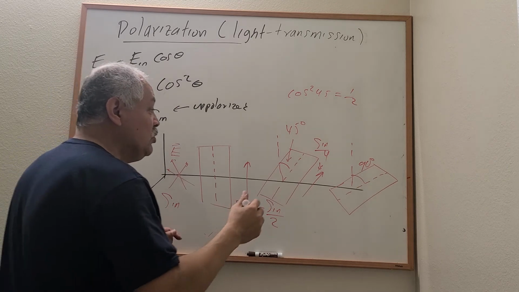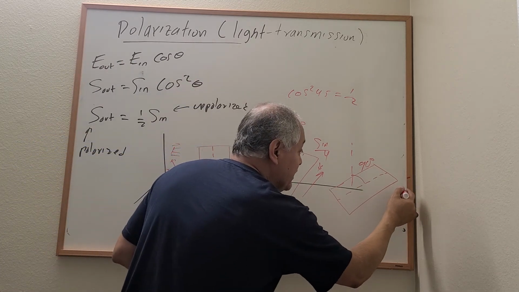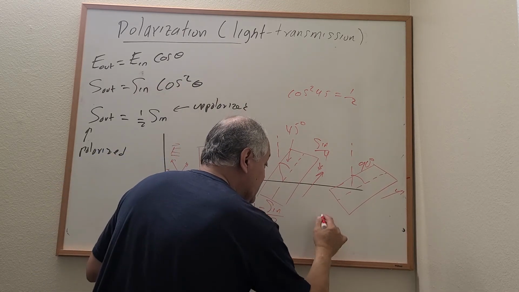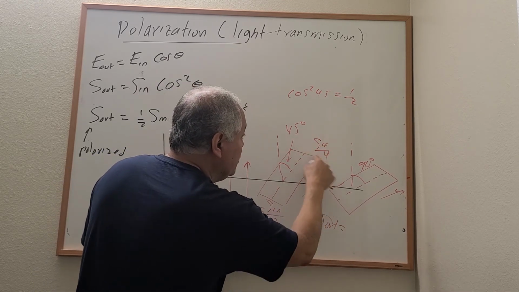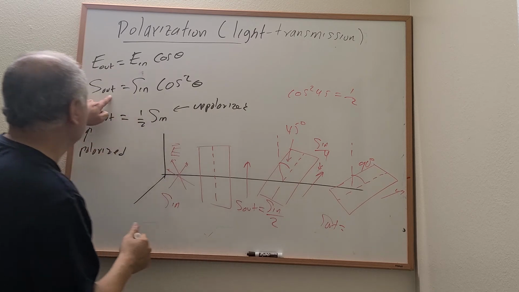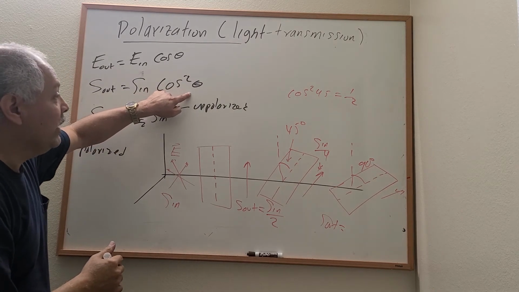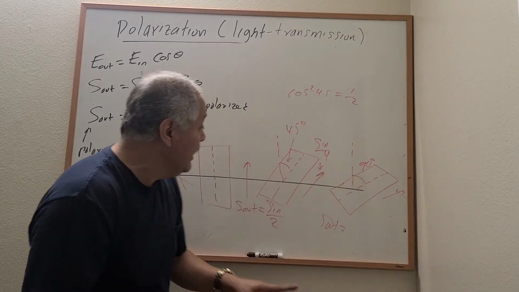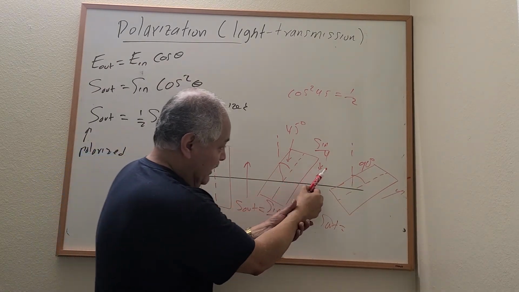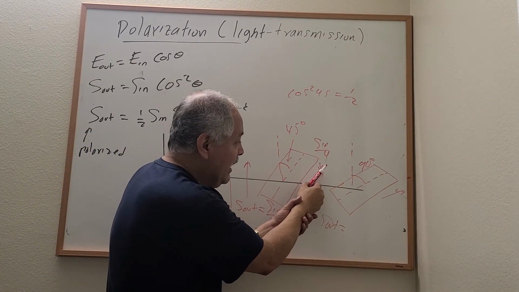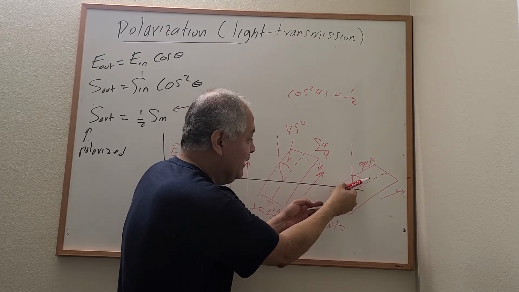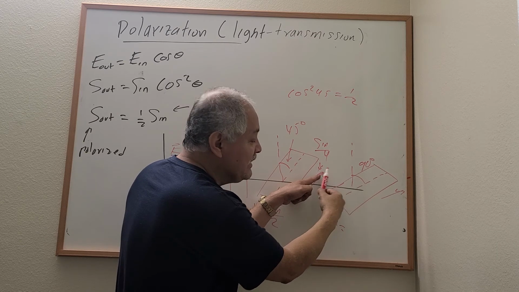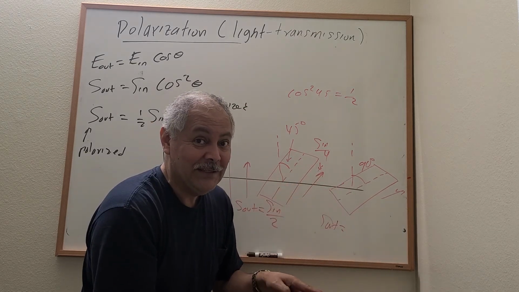What should be the outcome intensity right here? The outcome intensity equals the original one times cosine squared of the angle. But what is the angle? The angle is not 90 degrees. It's the angle between the initial one and this one, the final one. This is 45 degrees, and now this will be 90. The difference is going to be 45 degrees, correct?